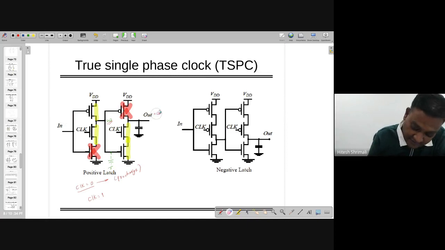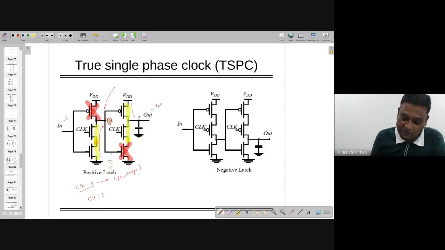Whereas in the case of input equal to 1, this one is off and this one is also off, whereas these two transistors are going to be on, right? In that case, the first stage output is equal to 0, and the second stage output, as this one is making the contact, it's equal to VDD, right?